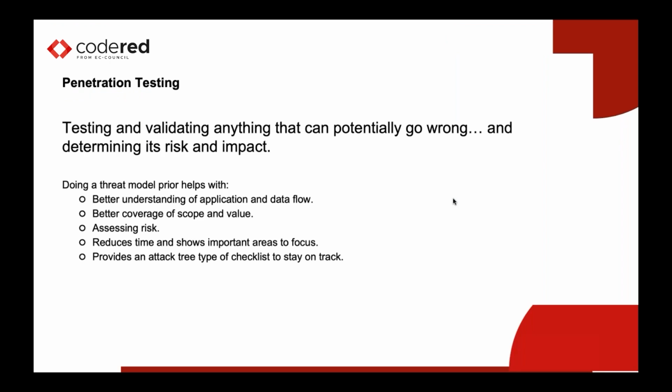So talking about pen testing, I won't go much into this because it's a general topic, and it involves testing and validating anything that can potentially go wrong that we had identified, and then determining the actual risk and impact of that exploitation.